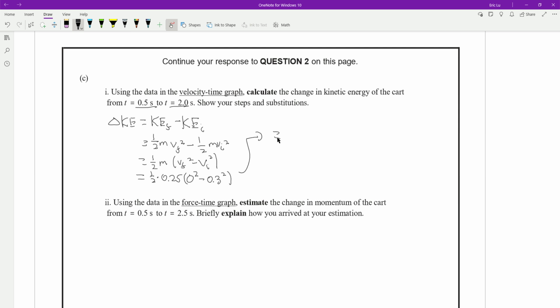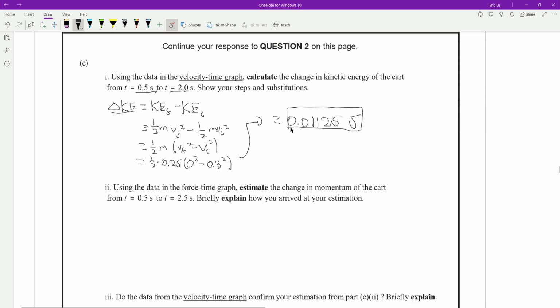And when you type that into your calculator, times 0.25 times 2.3 squared, negative 0.01125. 0.01125, and the unit for kinetic energy would be joules. And this would be your final answer.